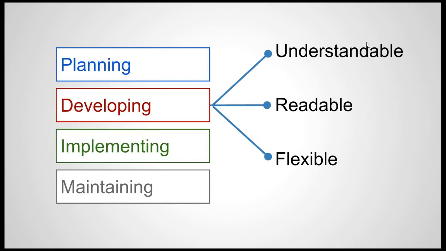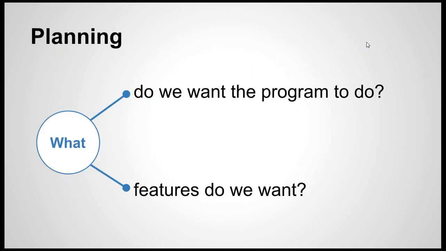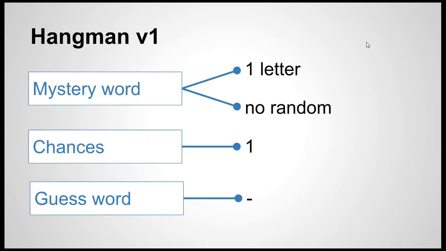So let's start. Planning. Basically, it's the what phase, where we try to answer what do we want the program to do, or what features do we want in our program. In our Hangman version 1, in order for a Hangman program to work, we need a mystery word, a number of chances that a player can try and fail, and we need a guess word, so a player can base on that to have some hints.